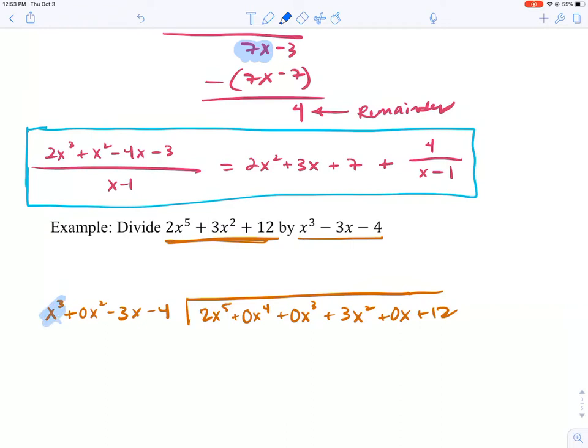Okay, so I think what times x cubed would give me 2x to the 5th, and that'll be 2x squared. And I can multiply. And then subtract.